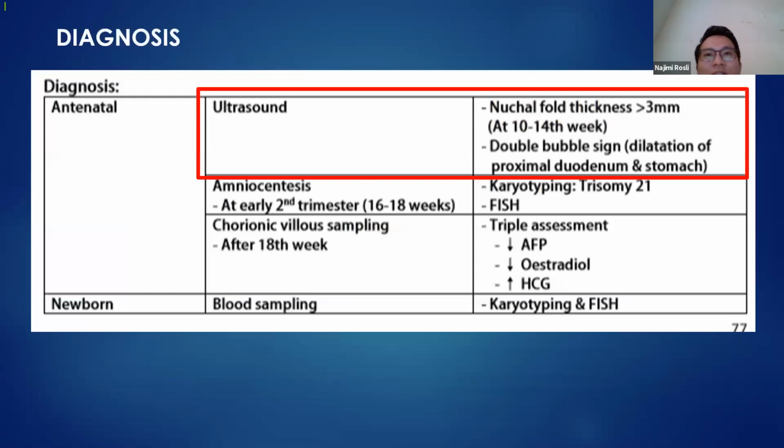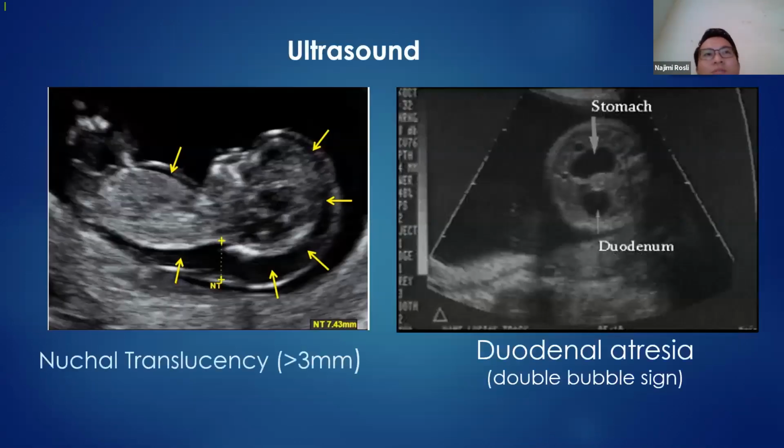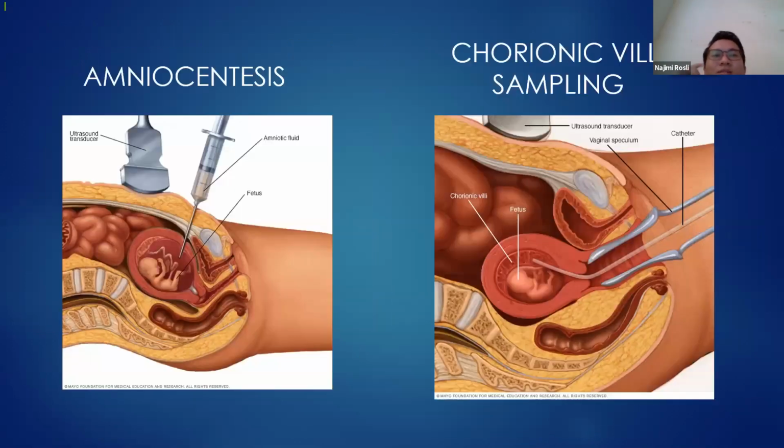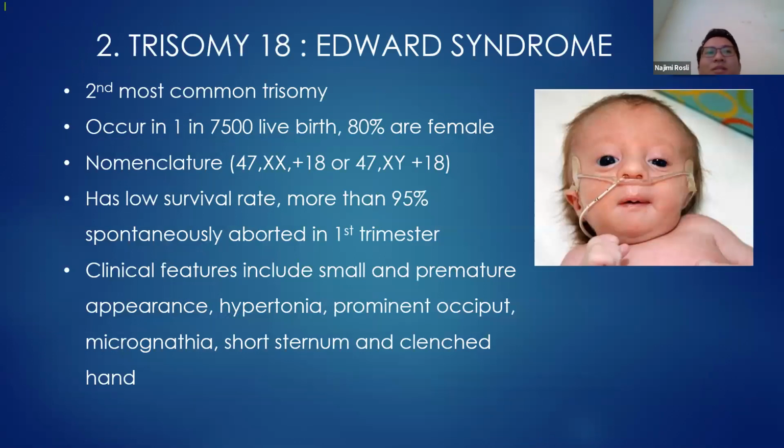Okay, next I will proceed with the second one, trisomy 18, Edwards syndrome. It is the second most common trisomy with an incidence of 1 in 7,500 live births. More than 95% of children with Edwards syndrome are spontaneously aborted in the first trimester.